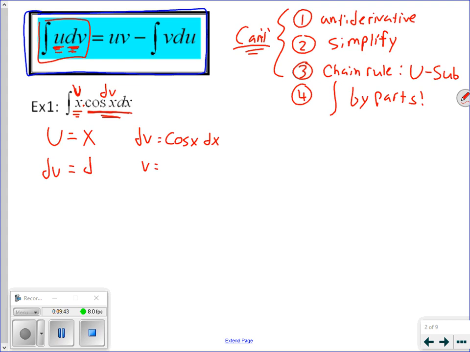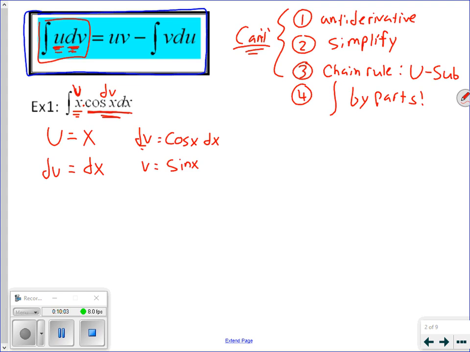So I'm just going to write dx. And if dv is the cosine of x dx, v is the integral of that. So the integral of cosine, if we're working backwards, is sine of x. And since we're integrating, we lose the dx.